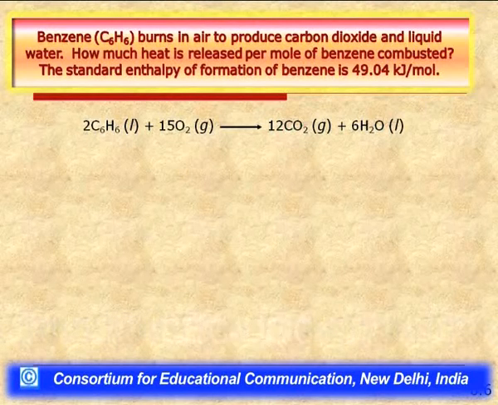As I told you, for any reaction, when we write a thermochemical equation, it involves the stoichiometric coefficients which appear in the balanced thermochemical equation, and balancing can be achieved in different manners. So here in this combustion reaction of benzene, we have 2 moles of benzene being combusted, but if we want to define the enthalpy of combustion, it is the enthalpy change accompanying the combustion of 1 mole of the compound into the formation of carbon dioxide and water.